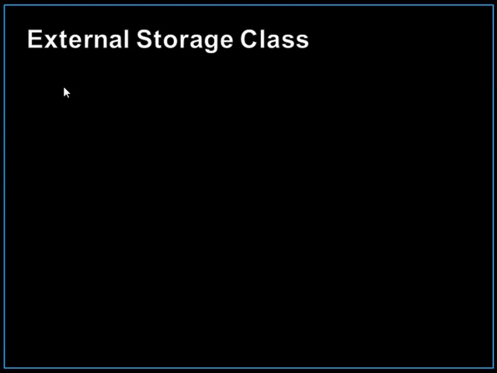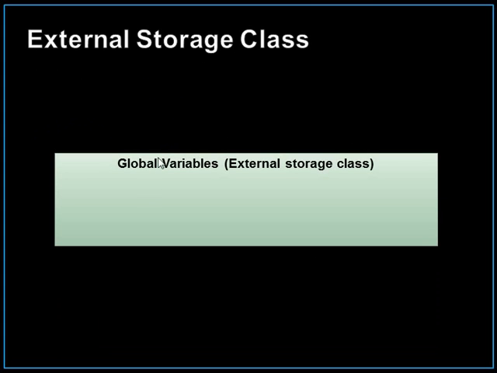Now there is another type of storage class known as the external storage class, also known as global variables, right? They are stored in data memory. Now your program is divided into stack memory, data memory, and a lot of program segments. In those divisions, global variables reside in data memory, actually in RAM.